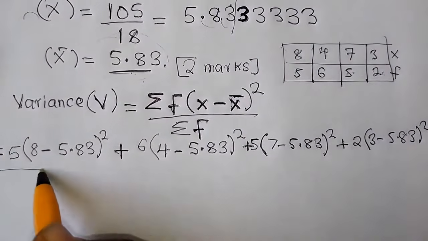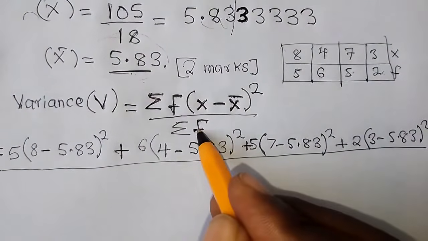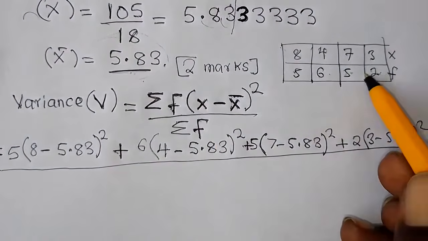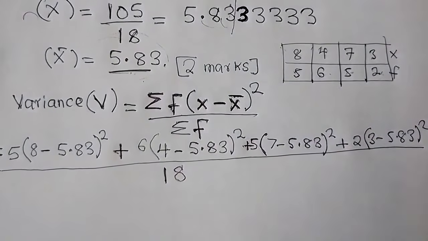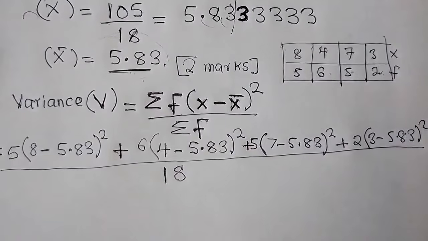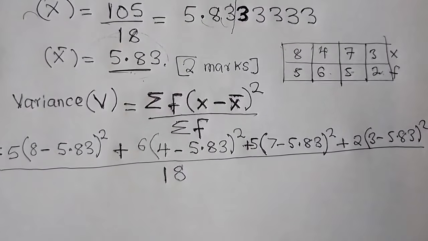Then everything now, everything divide by what? Total frequency. So we added this. We know the total frequency. It is what? 18. I want you to understand this is the part where most people find it difficult to understand. But I want you to understand this properly.